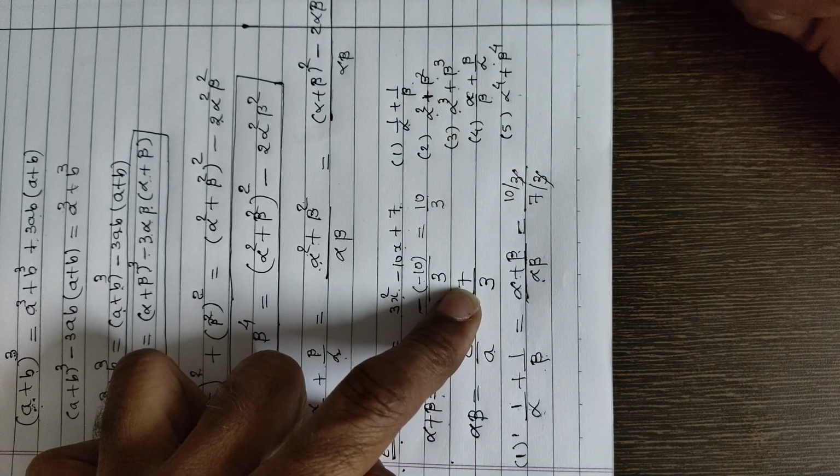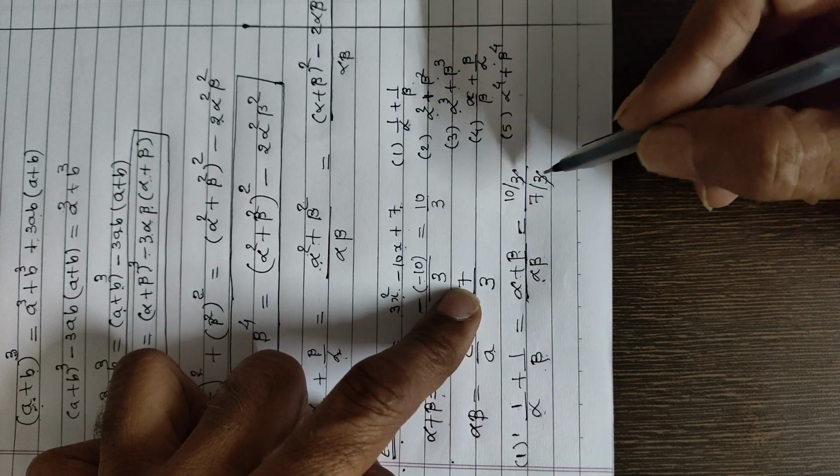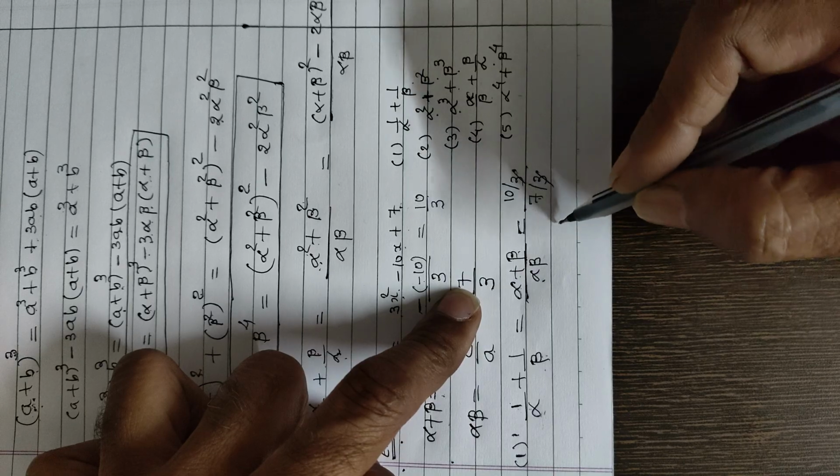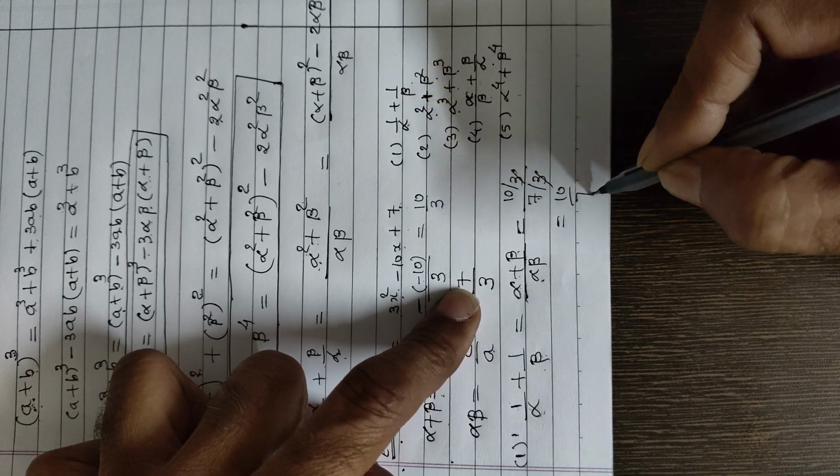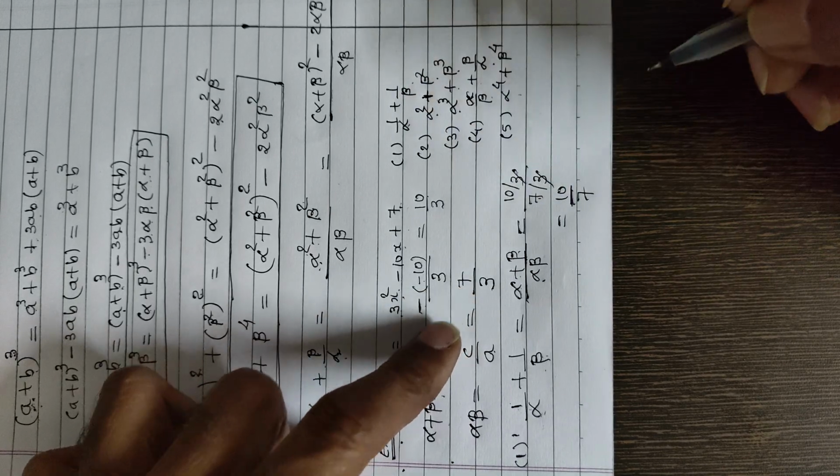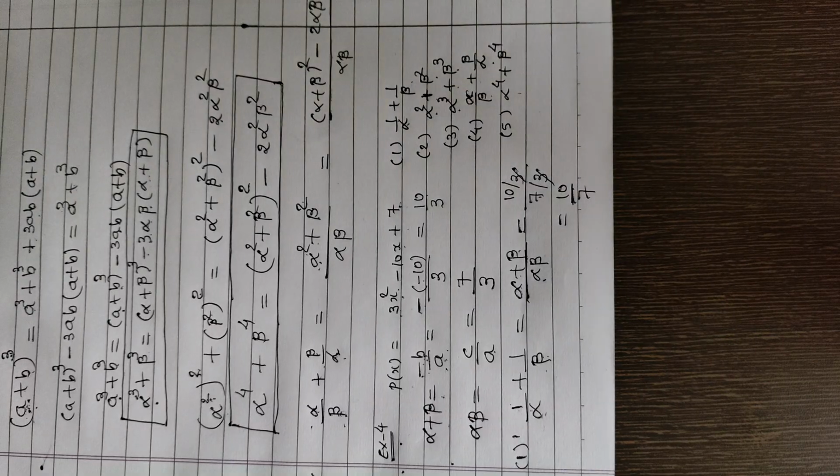Both denominators are the same, so 3 cuts. So your answer is 10 by 7.